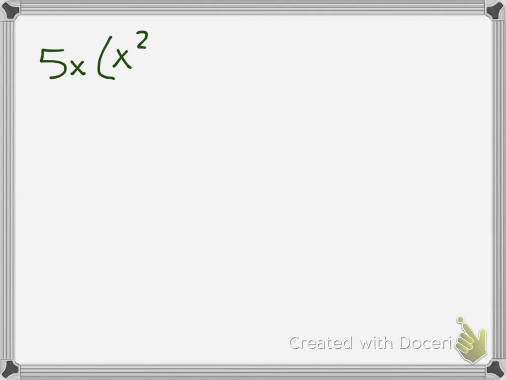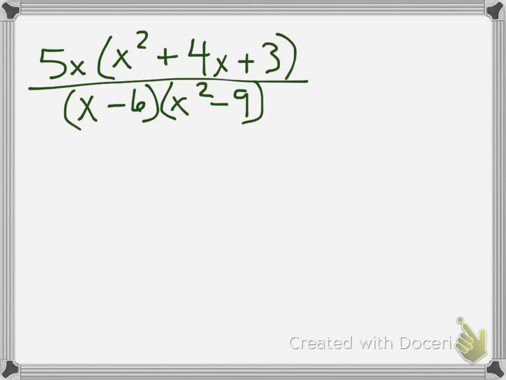All right, so let's look at another one. So we got 5x times x squared plus 4x plus 3, over x minus 6 times x squared minus 9. Well, the x squared plus 4x plus 3 should factor to x plus, x plus. Okay, so what two numbers multiply to give you 3 and add up to 4?